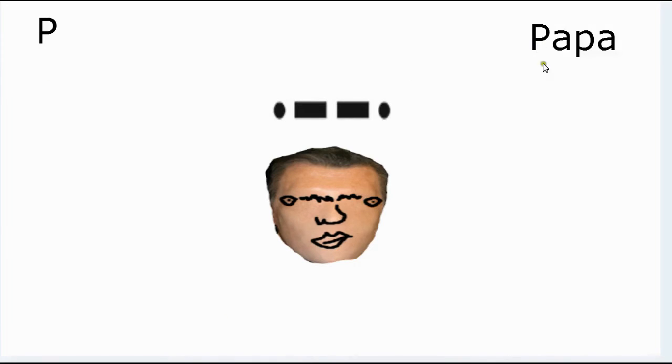P is for Papa. Now, I don't actually imagine this in my head when I think of Papa. What I see is 2 eyes and some big bushy eyebrows in between them. If I remembered this, I think I'd be having nightmares. But you get the sort of how it relates.